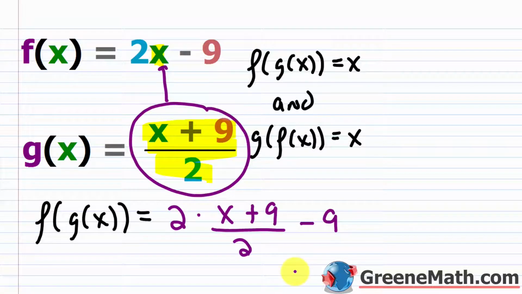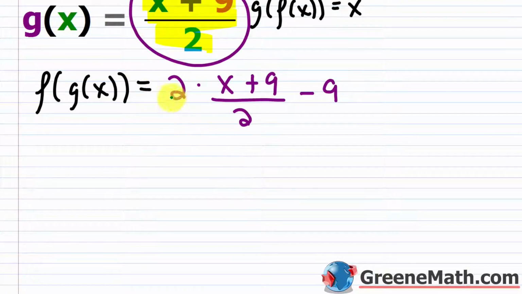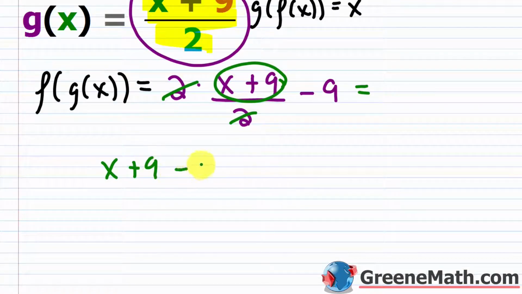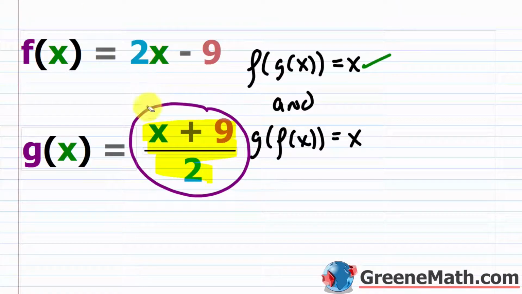Well, we know that 2 over 2 is 1, so that's gone. We'd have this numerator of x plus 9, and then minus 9. 9 minus 9 is 0, so this is just x. So in the first case, it's true, right? We have f of g of x is x. Let me erase everything, and let's just put a check mark here.